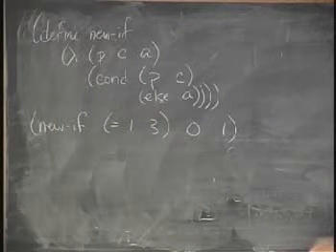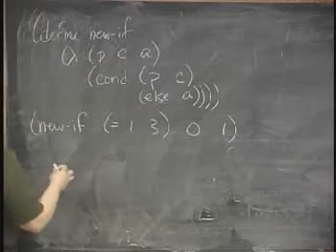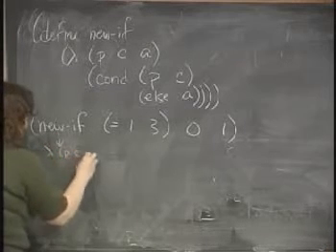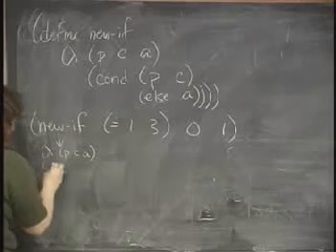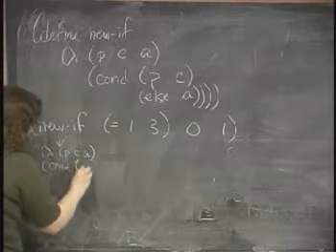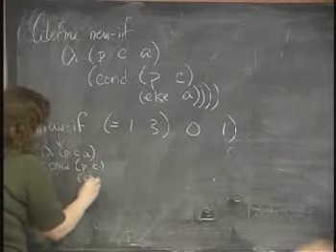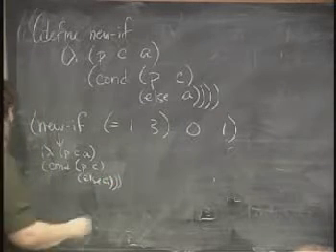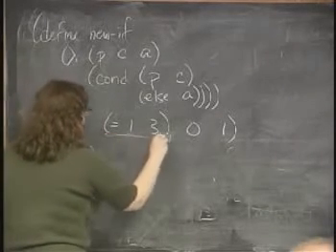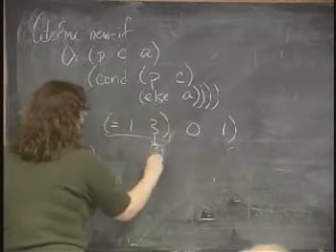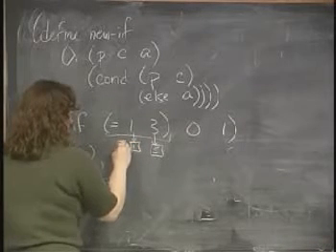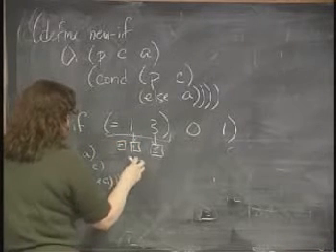Okay, what happens? Let's follow the substitution model. Evaluate this: 3, 1, and equals, which gives us false.